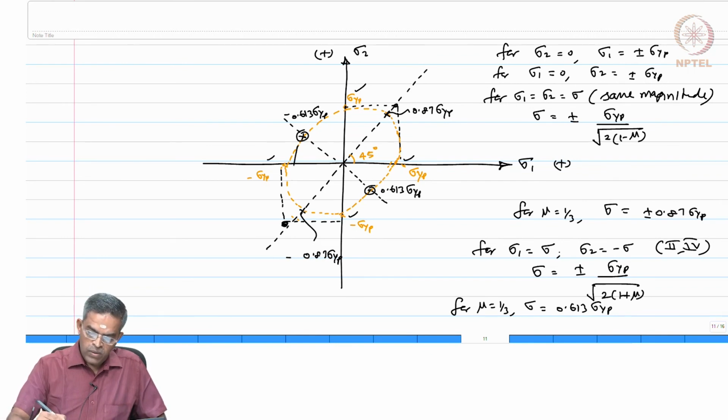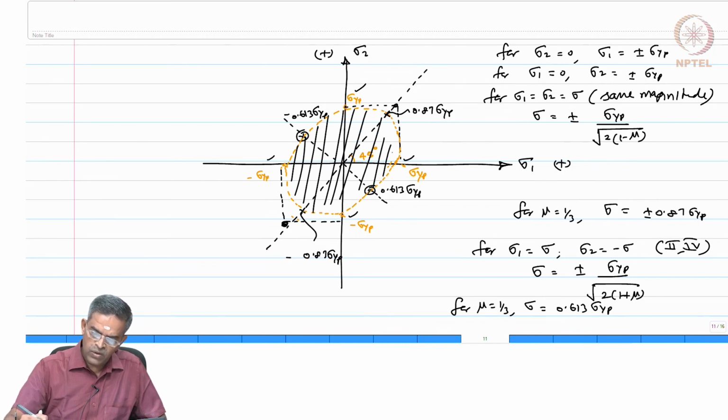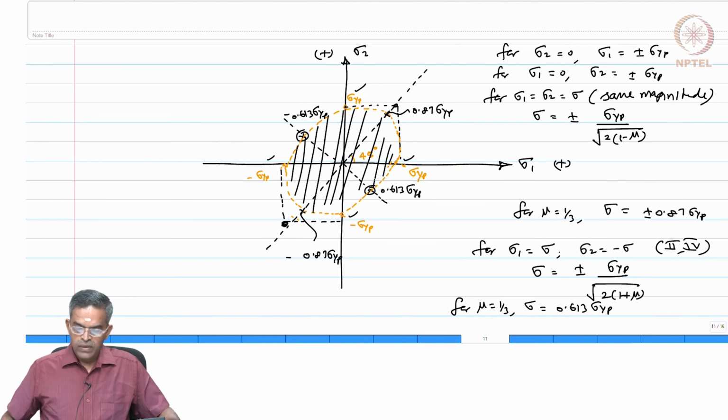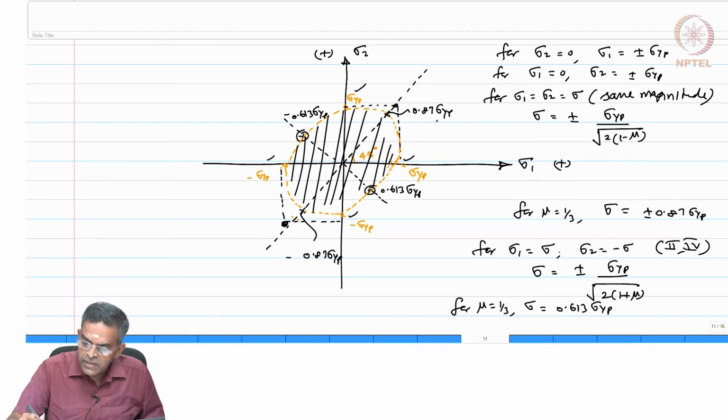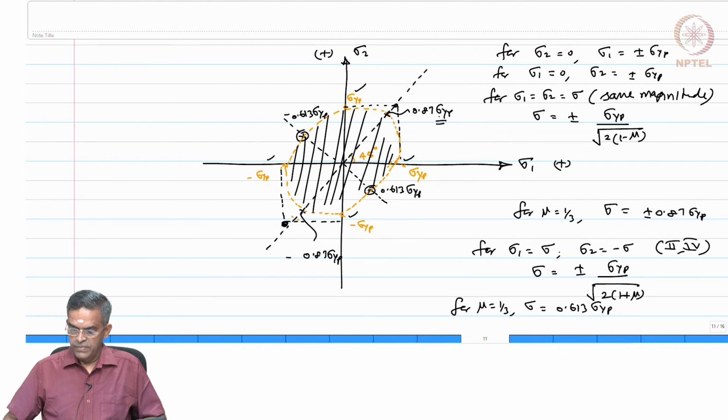So, this is my failure region, safe region, and anything exceeding this is a failure region. So, this theory predicts that at failure yield stress is not reached, is it not?